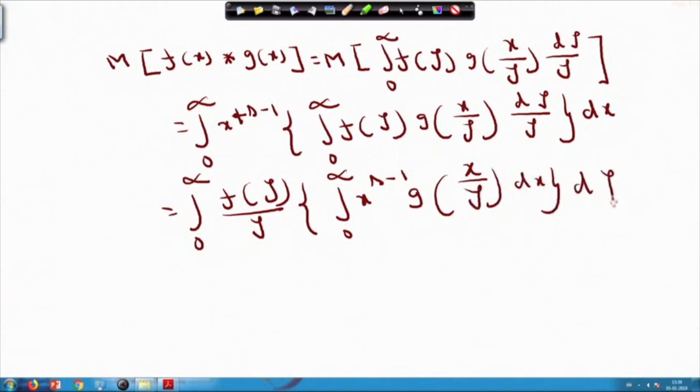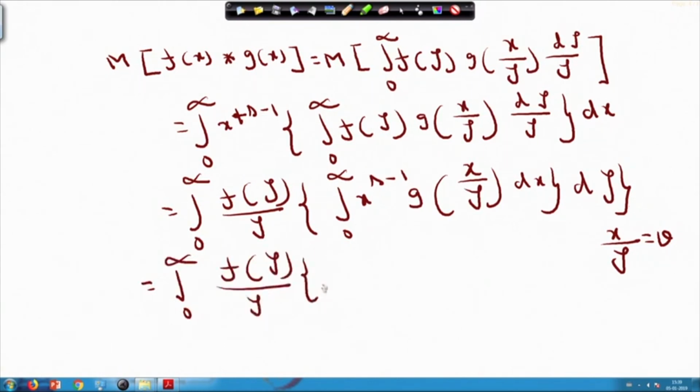Here, if you substitute x/η equals v, then you will obtain the integral from 0 to infinity of f(η)/η into the integral from 0 to infinity of x to the power s minus 1.